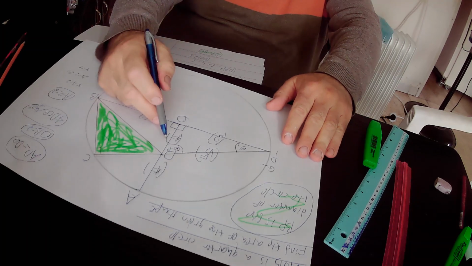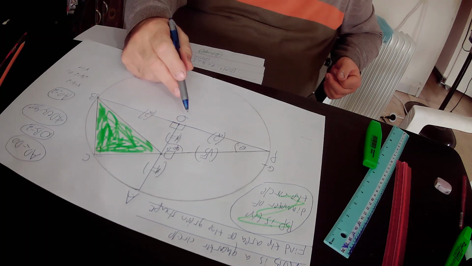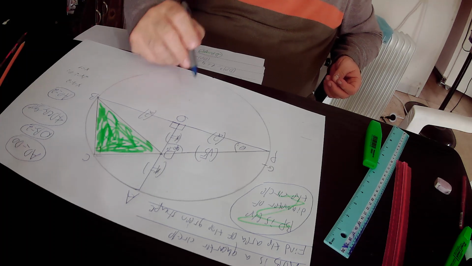Check: 90 degrees minus theta plus theta is 90 degrees, and 90 degrees plus 90 degrees is equal to 180 degrees. That is the sum of the angles in any triangle.